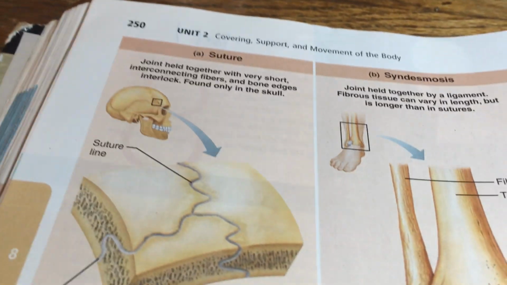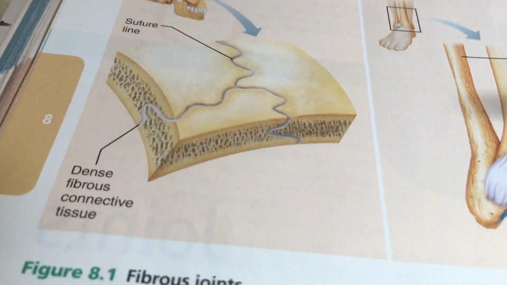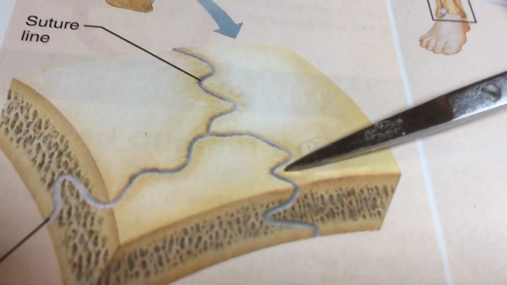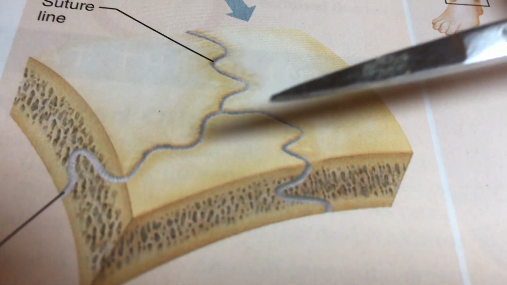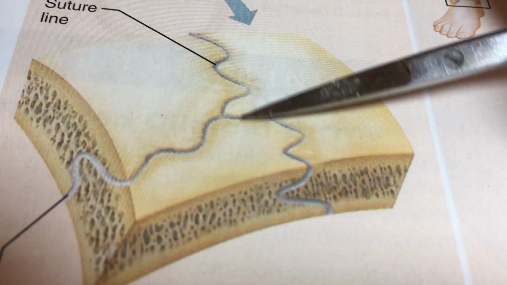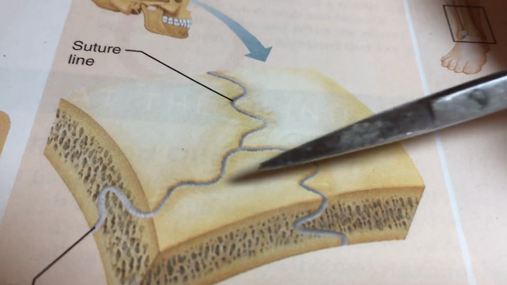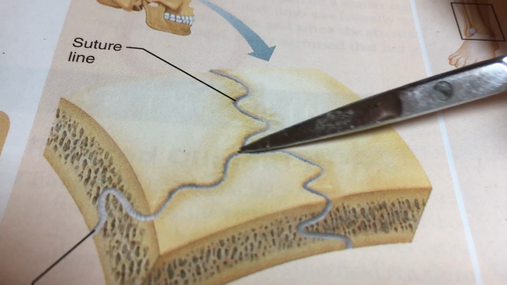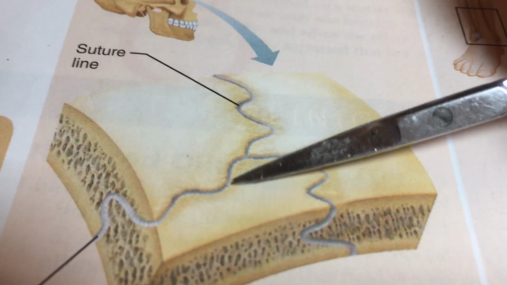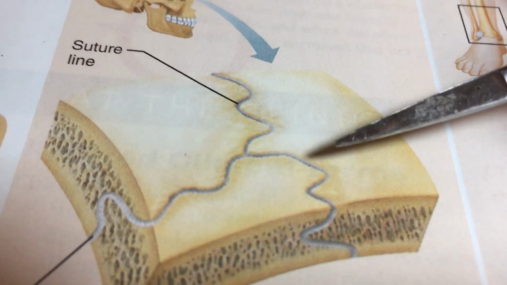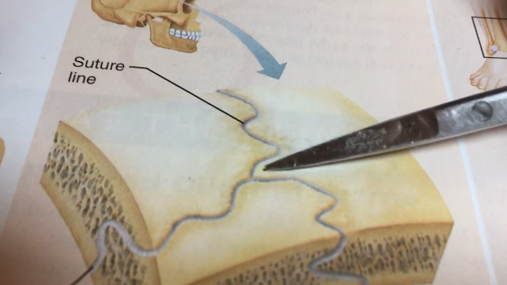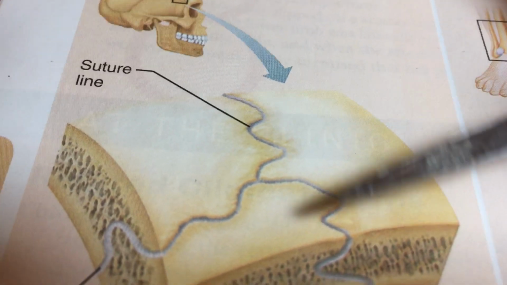Okay, and sutures are those situations, usually with flat bones of the skull, in which the bones interdigitate with each other, sometimes in great detail, and sometimes a little bit more smoothly. Here the artist has presented us with a fairly smooth interdigitation.